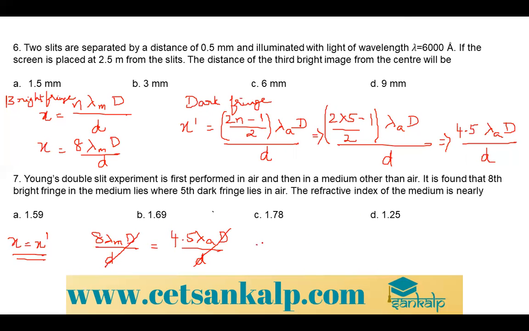So you have to take the ratio as lambda a by lambda m is equal to 8 divided by 4.5. So 8 divided by 4.5 is nothing but 1.78, but lambda a by lambda m is nothing but the refractive index. Mu, or we take it as n. So option C is the right answer.